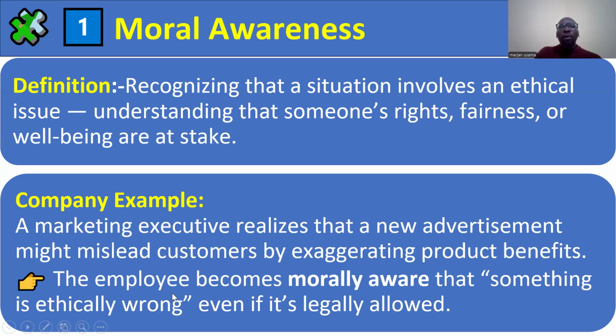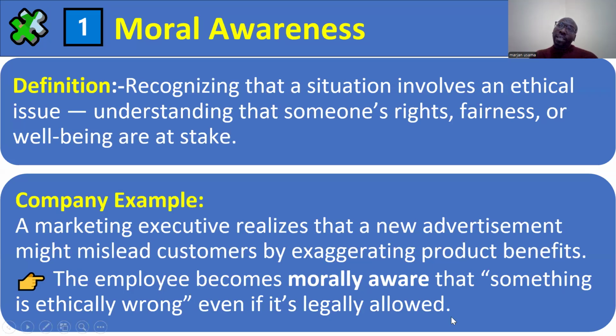So the employee, that is the manager, becomes morally aware that something is ethically wrong, even if it is legally allowed. So this manager actually realizes that, hey, this is unethical, even if it is legal. Yes, we can.